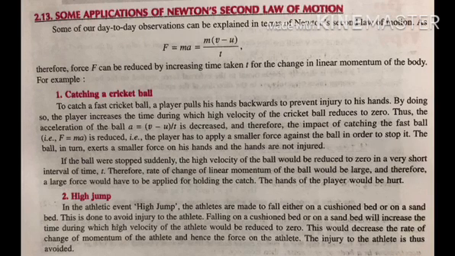Thus the acceleration of the ball, a = (v - u)/t, is decreased, and therefore the impact of catching the fast ball, F = ma, is reduced. That is, the player has to apply a smaller force against the ball in order to stop it. The ball in turn exerts a smaller force on his hand and the hand is not injured.